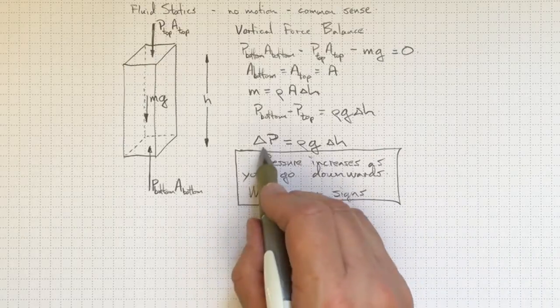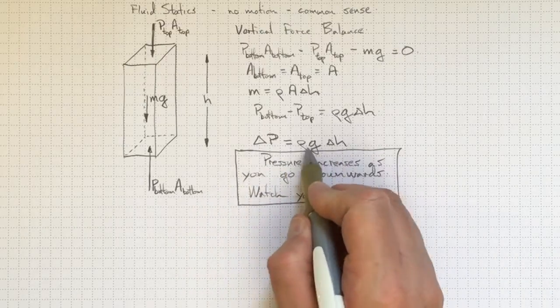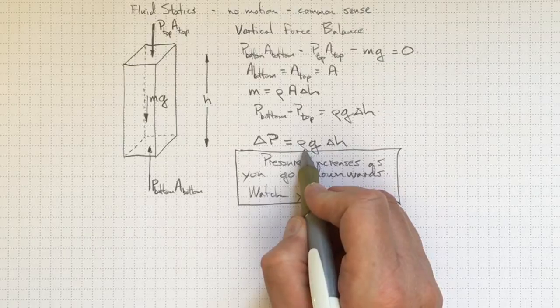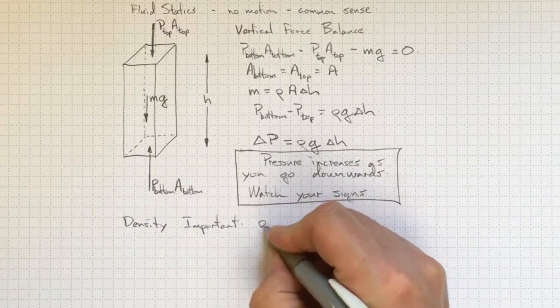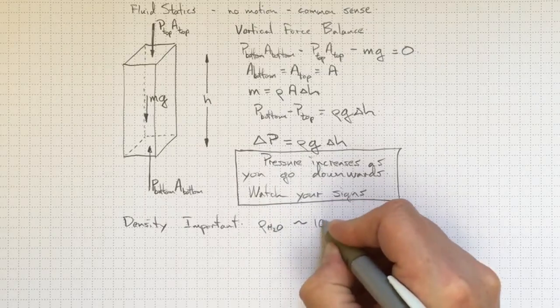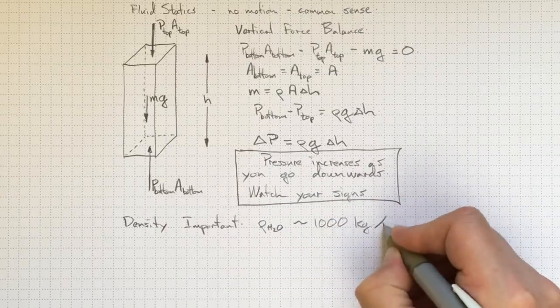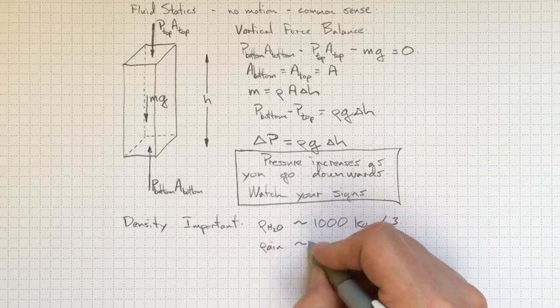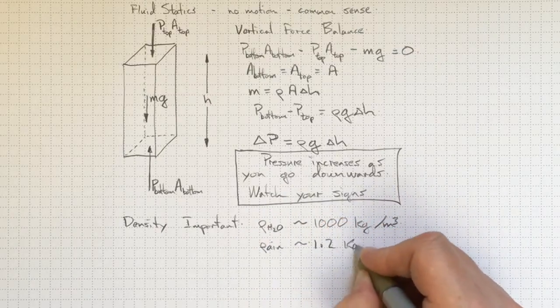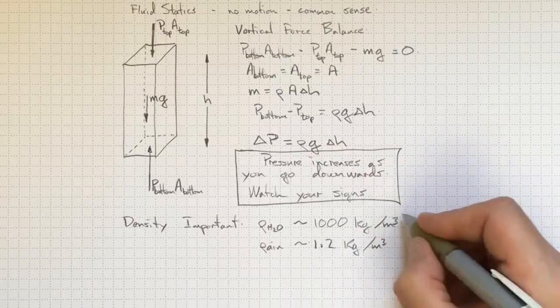Notice also that delta P equal to rho g H tells us that the density is going to be very important to the pressure difference. And the density of water is around 1,000 kilograms per cubic meter, whereas the density of air is around 1.2 kilograms per cubic meter.